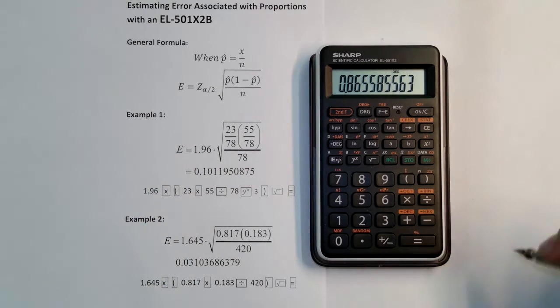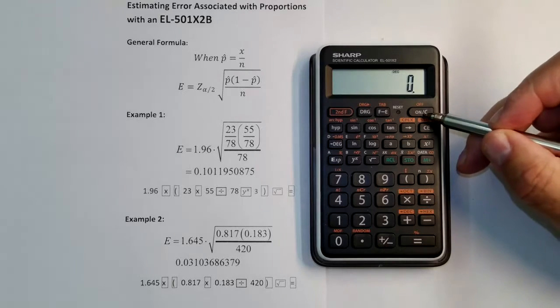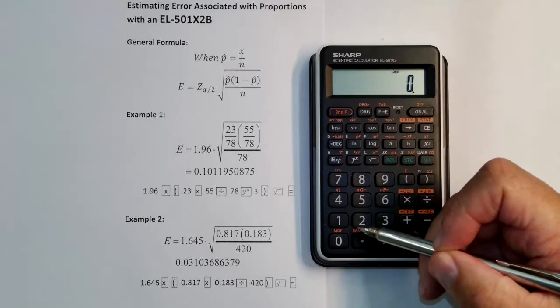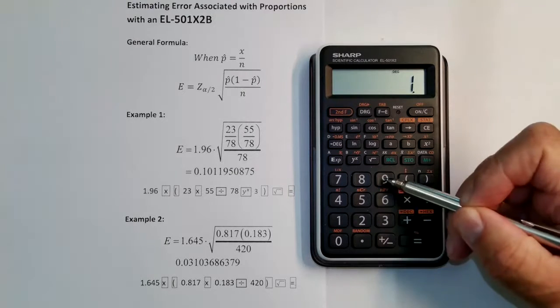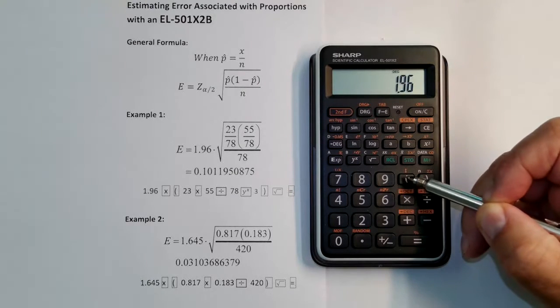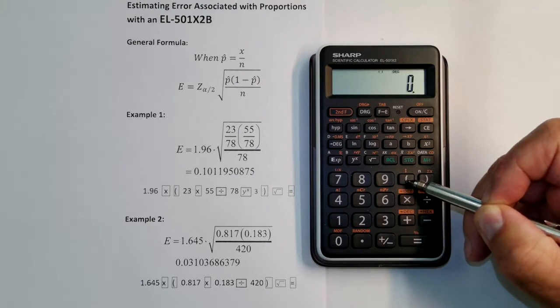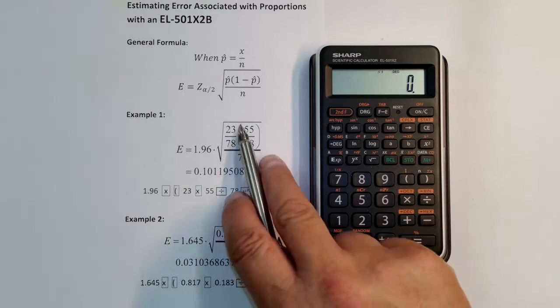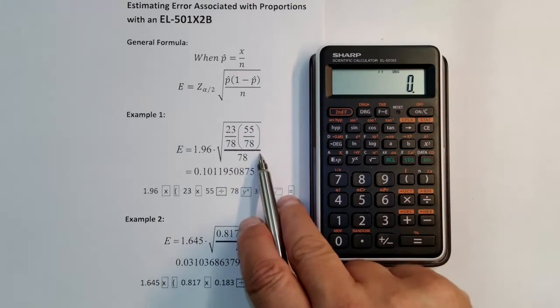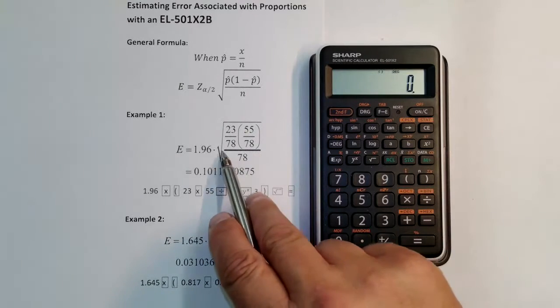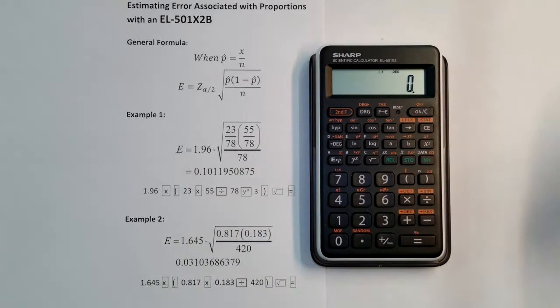So, let me show you how to do that on this calculator. You would clear this, go 1.96 times, no, you have to do open parentheses. And you have to do all of this inside and close the parentheses in order to hit the square root. So you hit the square root at the very end, well, before the equal to sign.